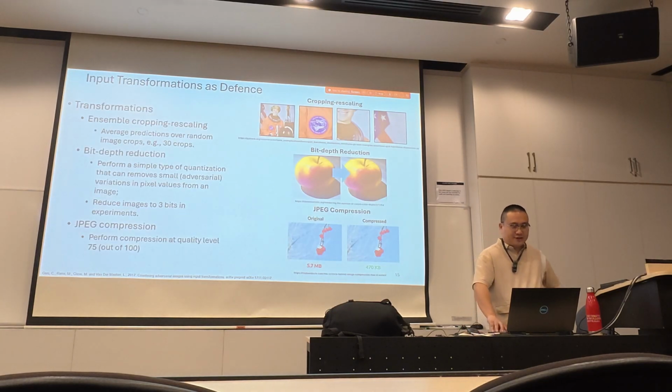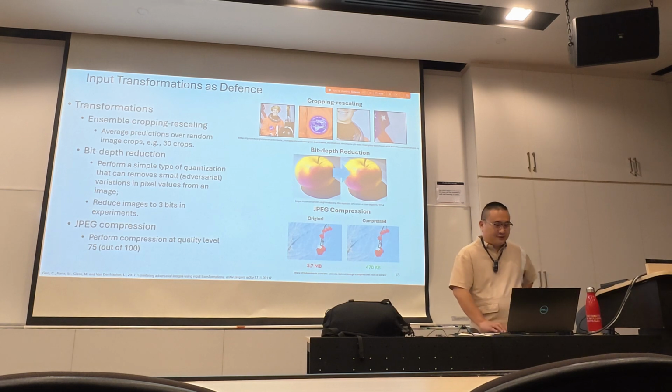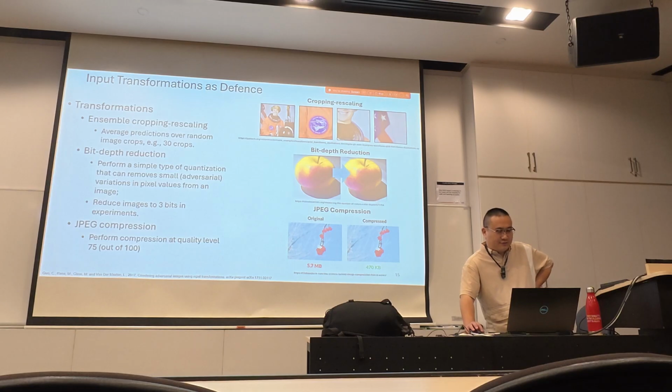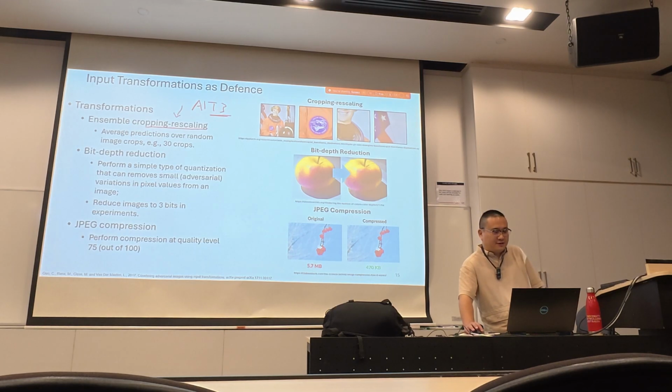Here are some transformations that we can use to destroy the adversarial examples. The first one is ensemble cropping with scaling. Actually, this defense is used in assignment 1, task 3. Task 3 is the optional task. If you complete task 3, you can get some bonus, and for this bonus task you need to defeat the input transformations defense.